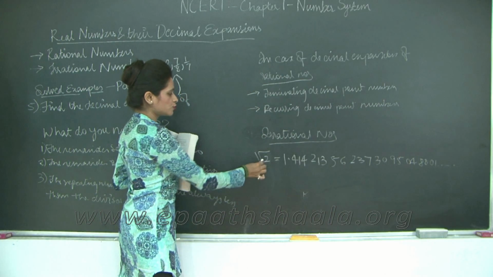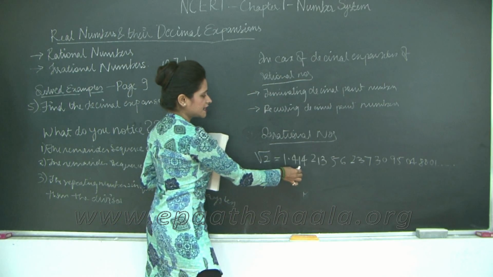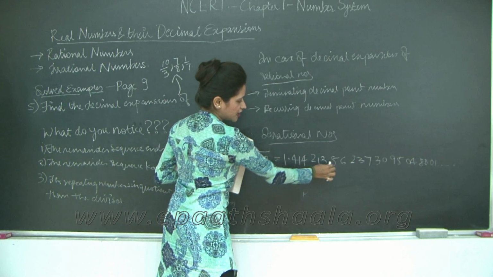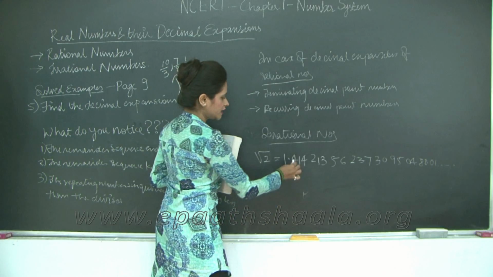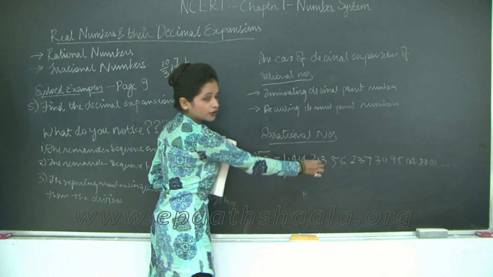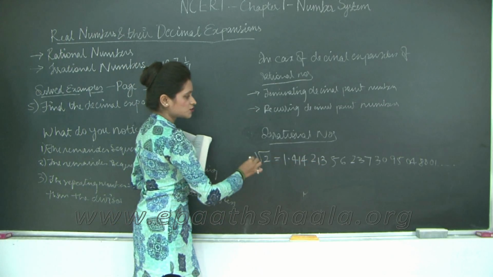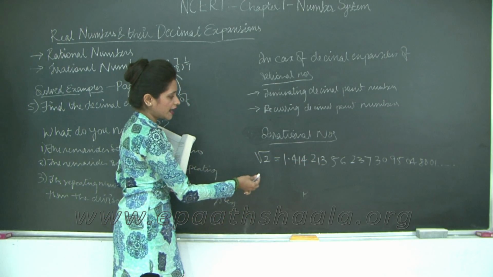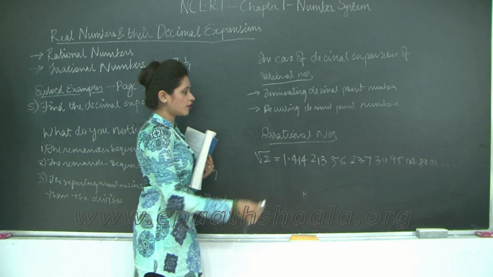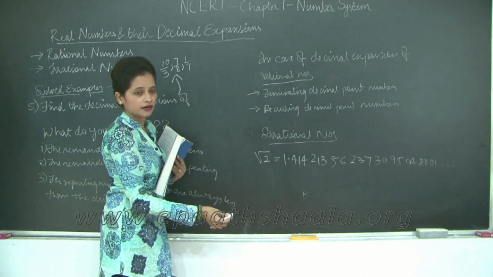So you see over here, root 2 is an irrational number because the numbers after the decimal point are not getting repeated over here, right? We have 414, 213, 56. So there is no pattern whatsoever, as well as the numbers after my decimal point are not ending at all.